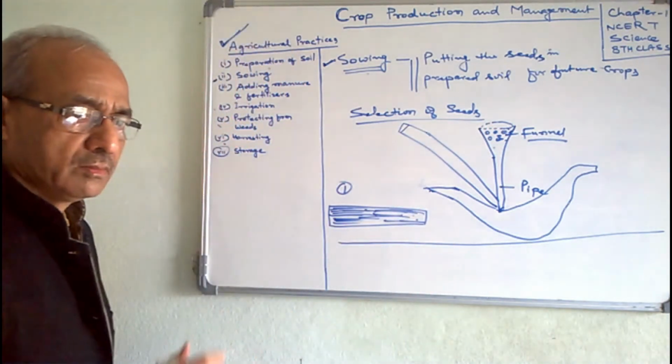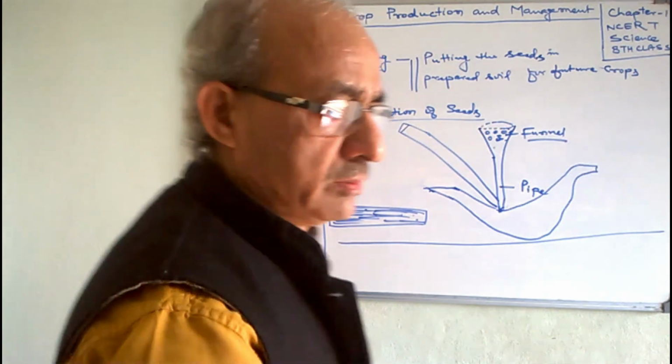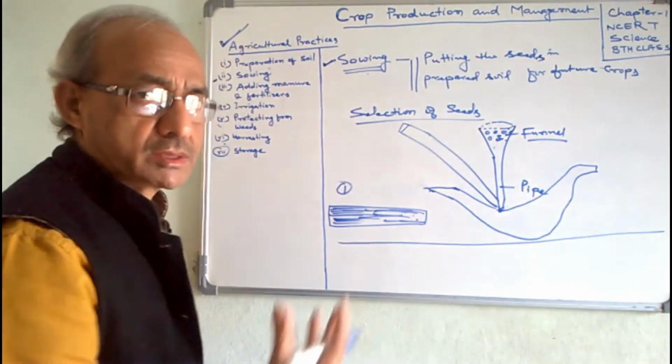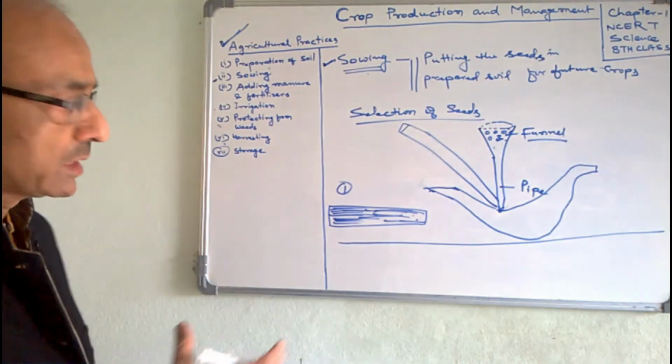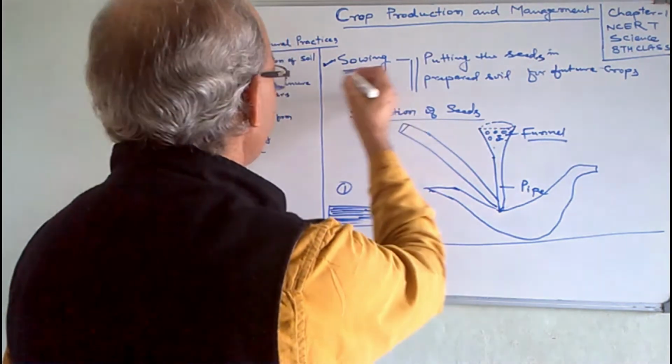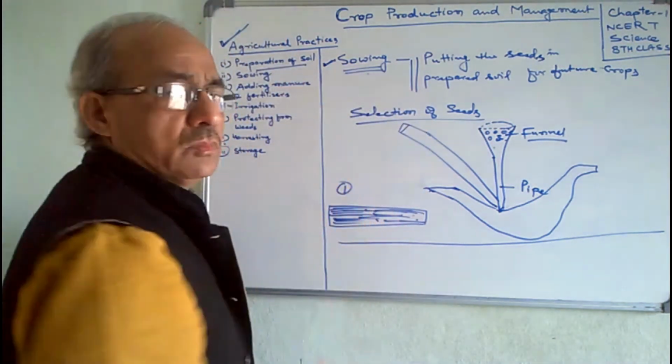By the leveler, the seeds are covered by the soil, and big crumbles, big pieces of the soil, are also broken by the leveler. This is also one part of preparing the soil.